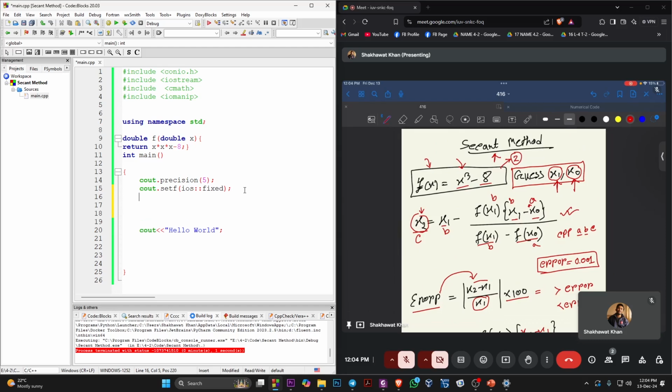We will develop further code here. I have to declare my variables as double a, b, c.